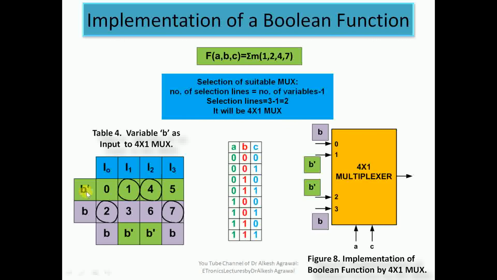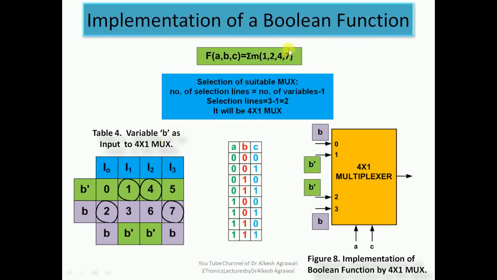So B dash, that is B complement, is for minterms 0, 1, 4, 5, and the value of variable B, that is 1, is for 2, 3, 6 and 7. So again in the row for B I have written minterms 2, 3, 6 and 7, because for these minterms the value is B, and for minterms 0, 1, 4, 5 the value is B complement.